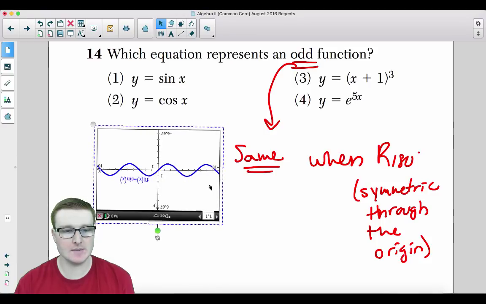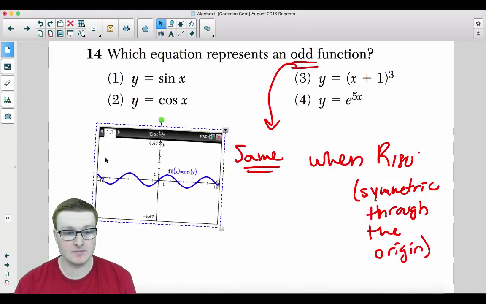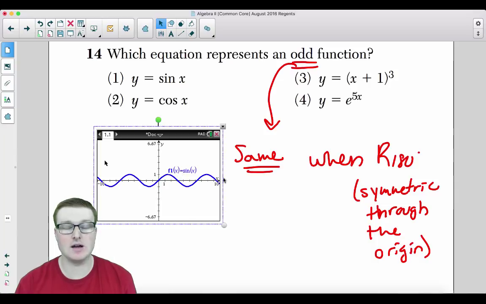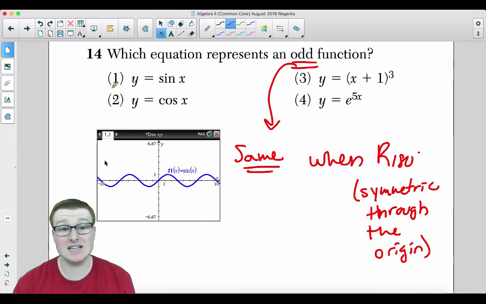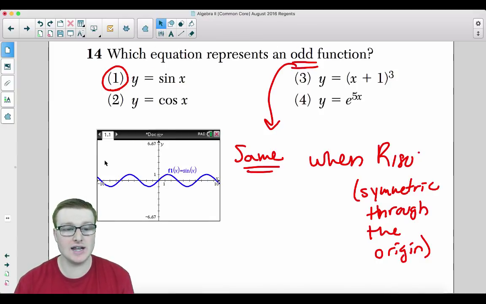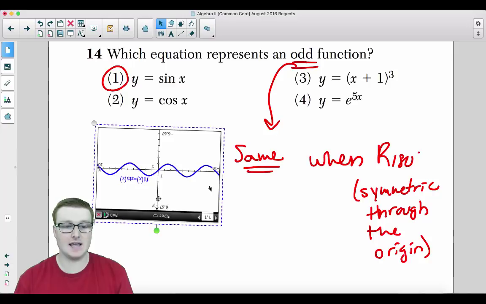It looks the same as it did before. It looks like a sine curve. It's going up, then down, then up, then down. And if you look over here, it's going up, then down, then up, then down. So sine is an odd function. It is symmetric through the origin, and when you rotate it 180 degrees, you get the same graph.